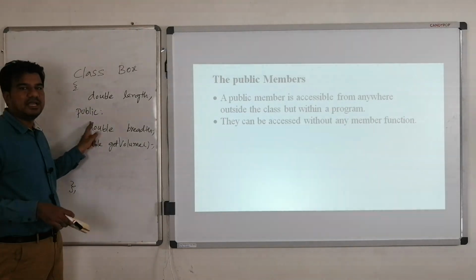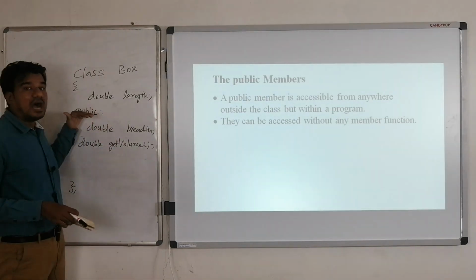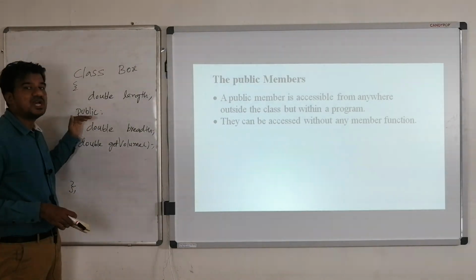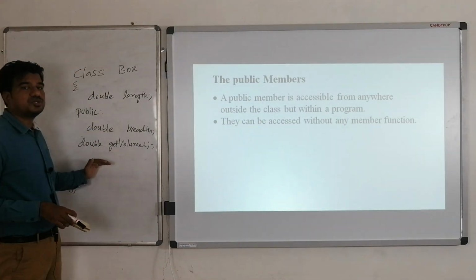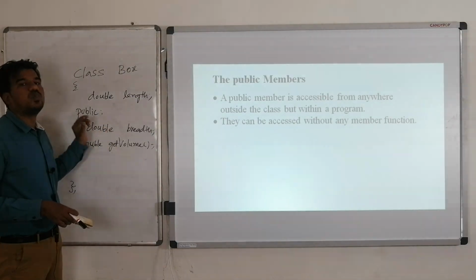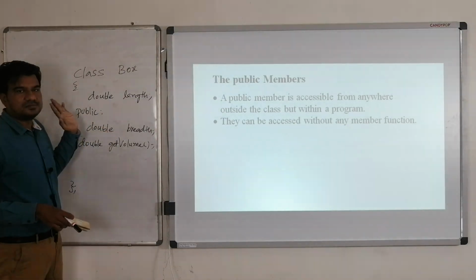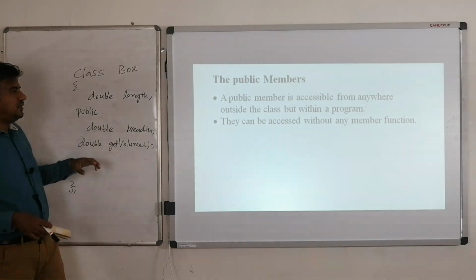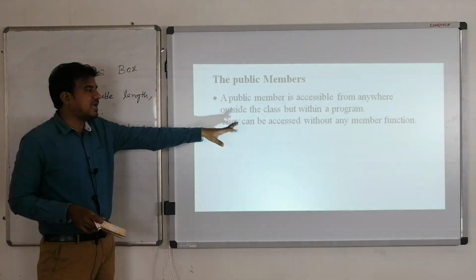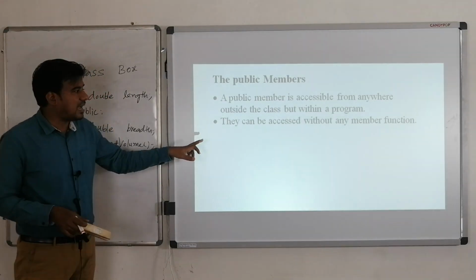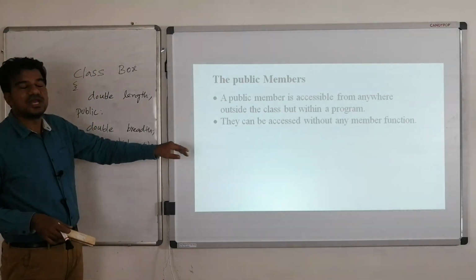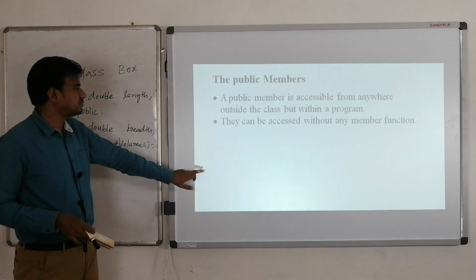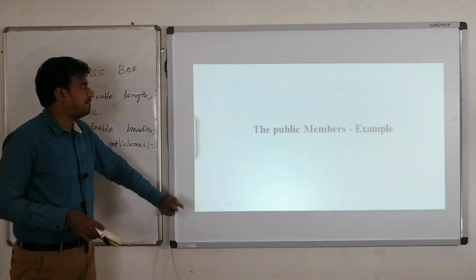And after that access modifier specification, whatever data members you are going to put, all those data members will become public, open to the world. Here you can see they can be accessed without any restriction by all the member functions. So this is public.